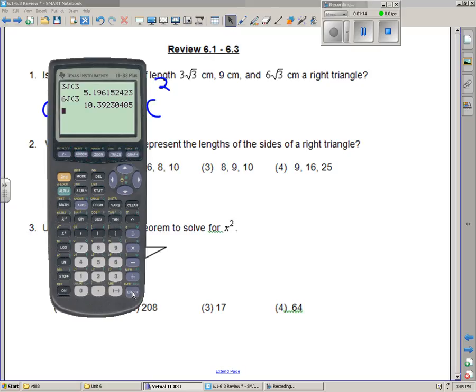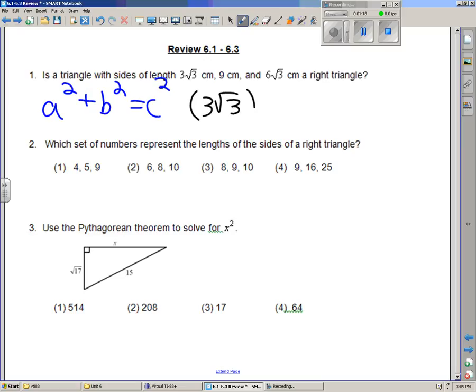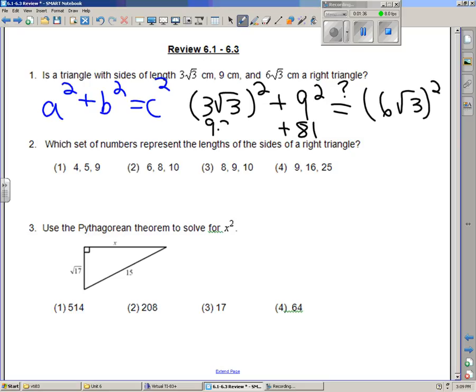So then what I'd have to do is say, does 3 square root 3 squared plus 9 squared, does it in fact equal 6 square root 3 squared? Well, 9 squared we know is 81. When I do 3 rad 3 squared, I do 3 times 3, which is 9. Radical 3 squared is just going to be 3, so this gives me 27.